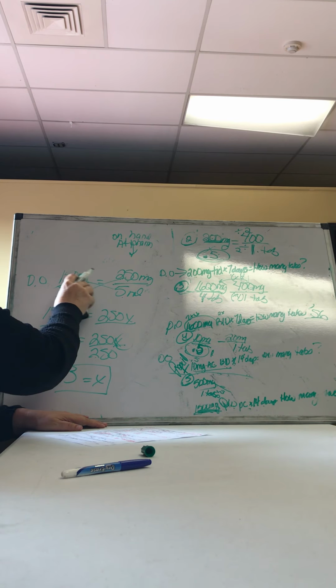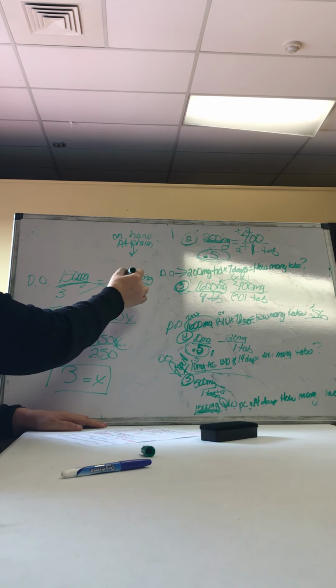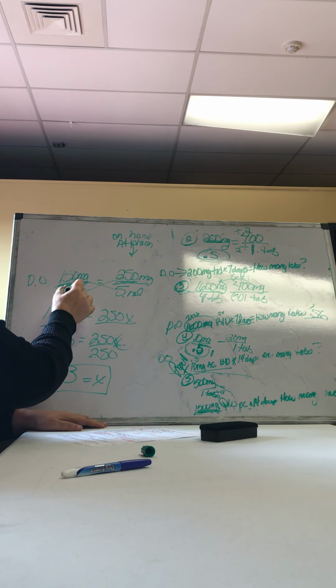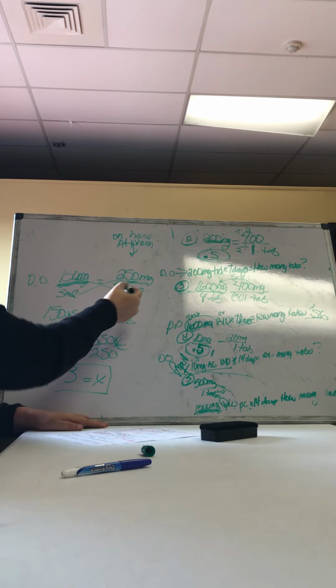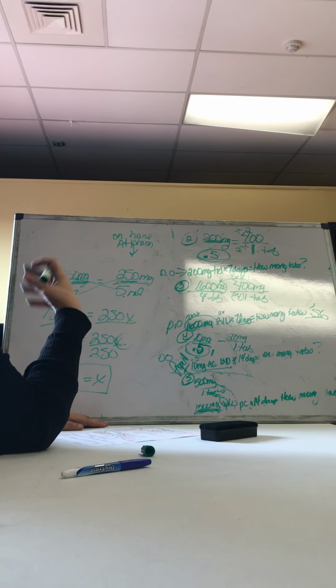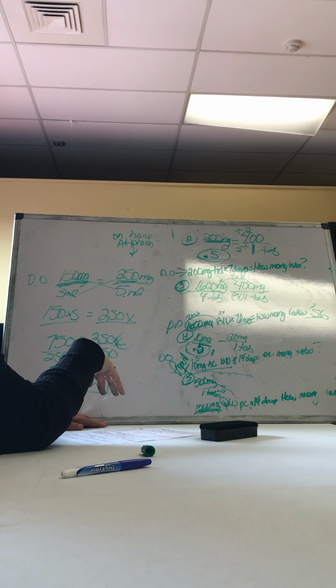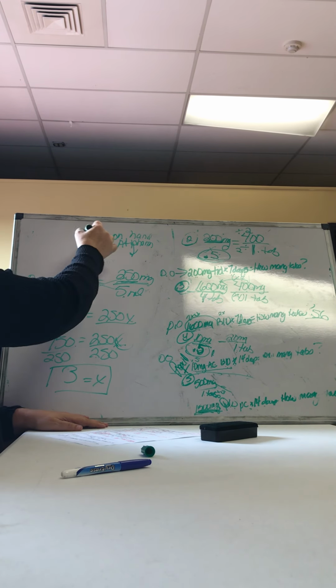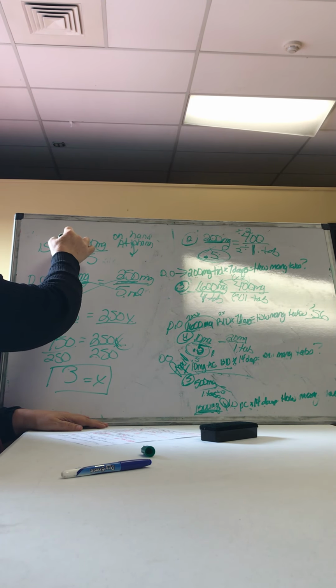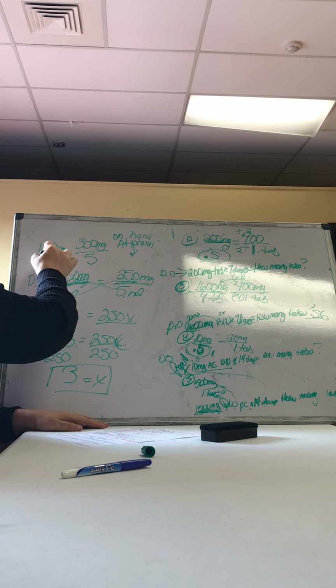Yes. If there's a whole 250 in 5, and you got 150, it's smaller, so the number's going to be smaller. That's another way you can think back and say, does that make sense? Same if you got 300 in 5, 100 in 2.5.